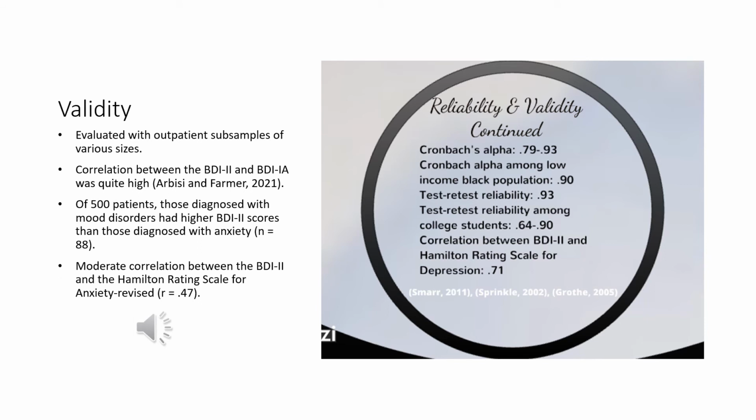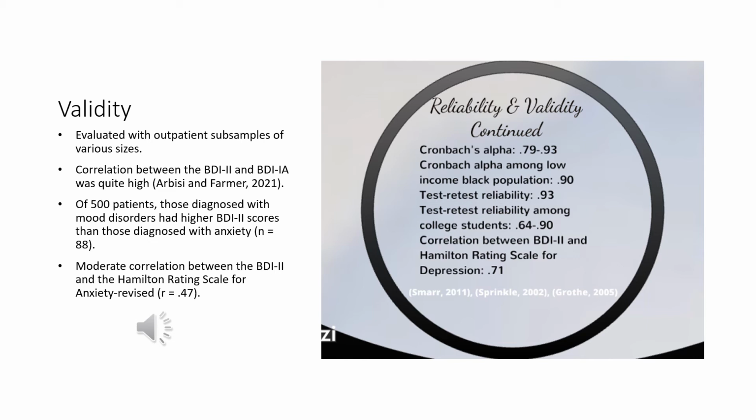The validity of the BDI-2 was evaluated with outpatient subsamples of various sizes. The correlation between the BDI-2 and BDI-A was found to be quite high, even when administered on the same occasion.